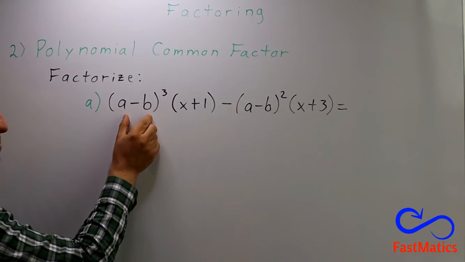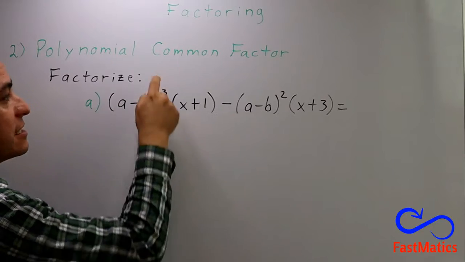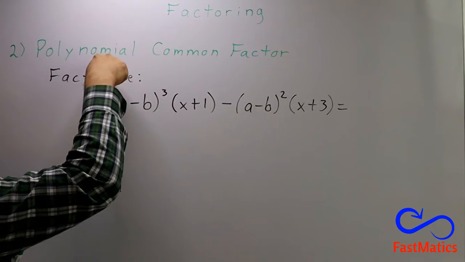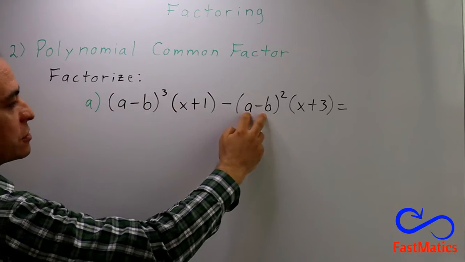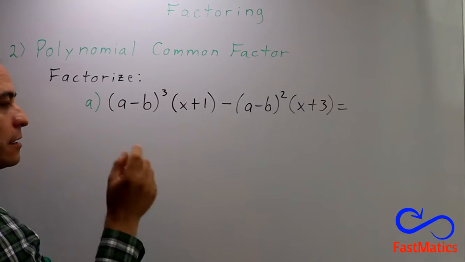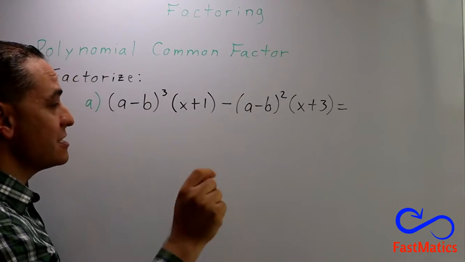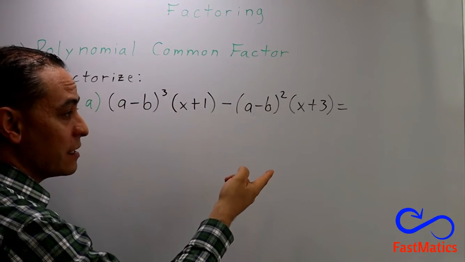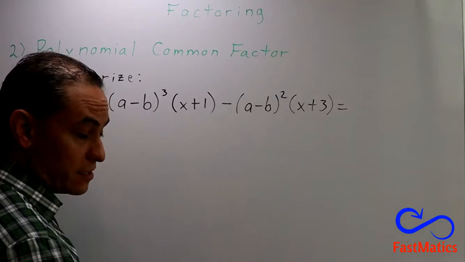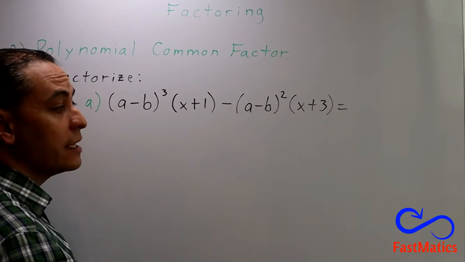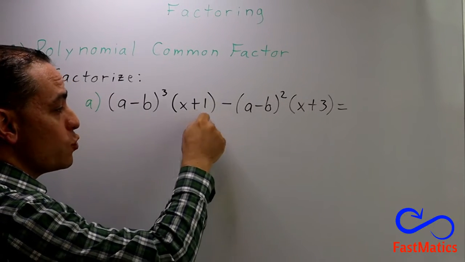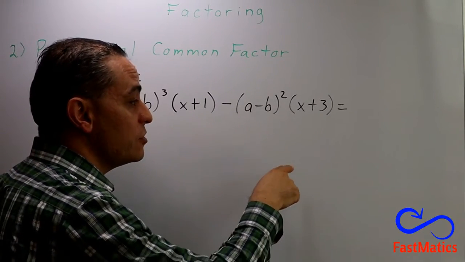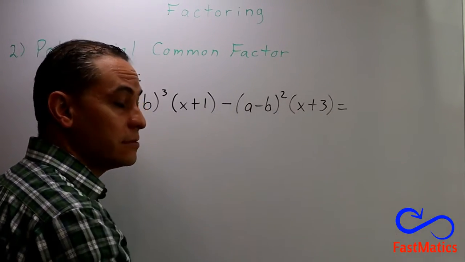Okay, so a minus b is the common factor, and it is a polynomial because we have two terms here. Be careful because x plus 1 is not the same as x plus 3. Why? Because a number plus 1 is not the same answer as that number plus 3.